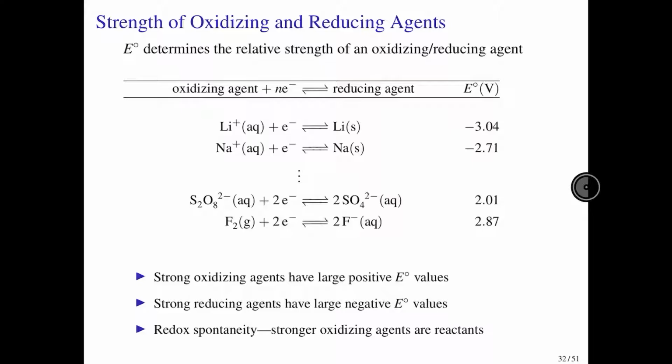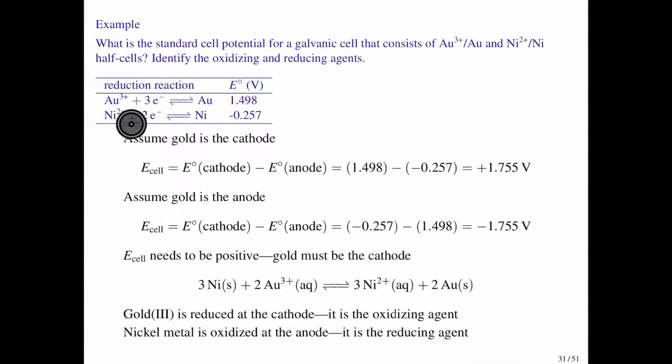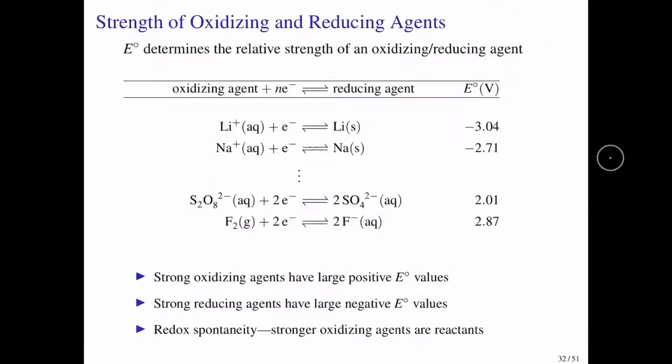Here we're going to talk a little bit about oxidizing agents and reducing agents in some conceptual detail. What I've listed here in the table is basically what all of these reduction tables look like. Here's the generic form of the reduction reactions in your table of electrochemical reduction potentials.